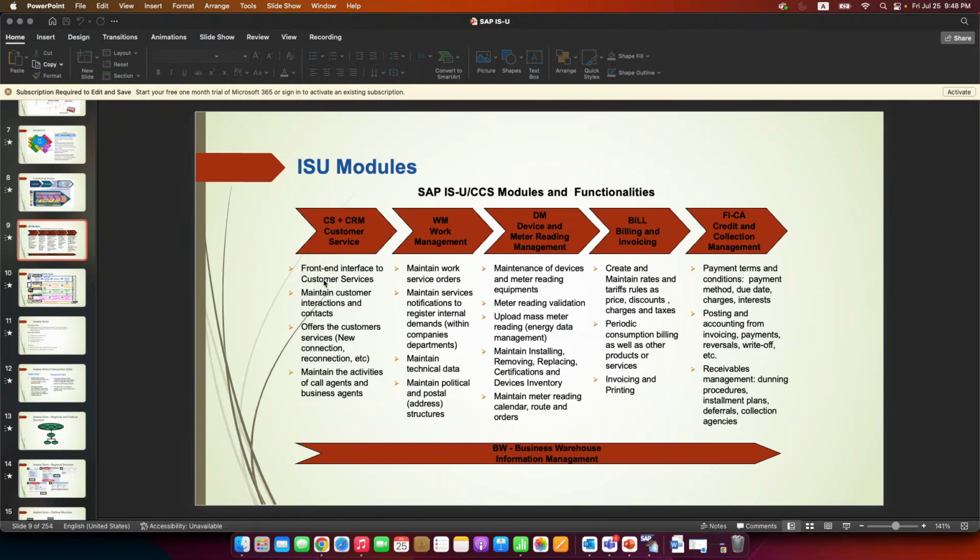The third application is called back office. The people there will have access to the IS-U utility application, and they can perform these activities directly in the back office, right? And the back office section is called customer service.